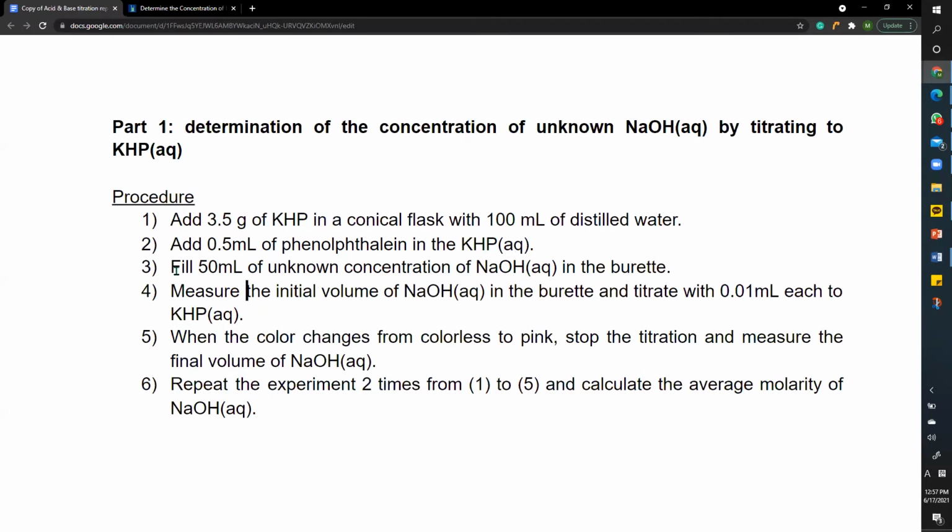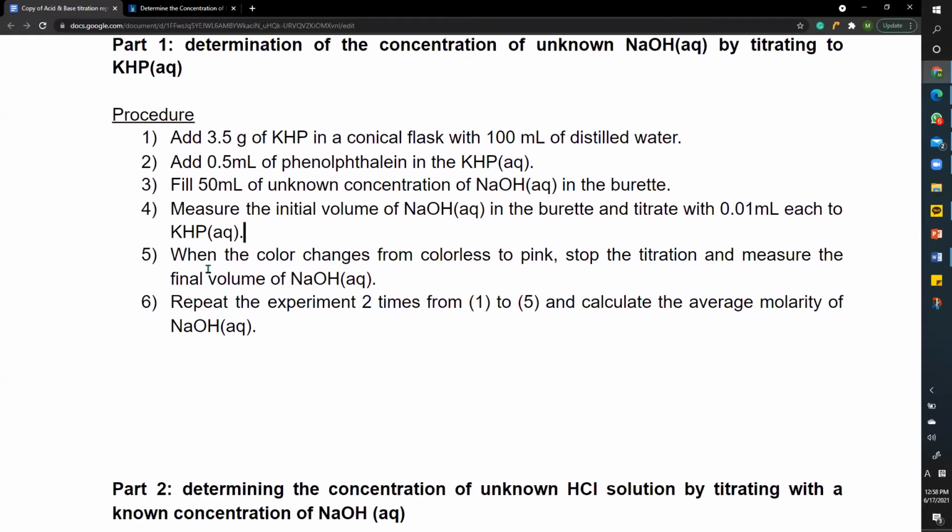Then we start the titration by filling 50 milliliter of unknown concentration NaOH in the burette, measure the initial volume of the NaOH in the burette, and then titrate with 0.01 milliliter to each KHP. When the color changes from colorless to pink, we reach the point to stop the titration and measure the final volume of the NaOH.